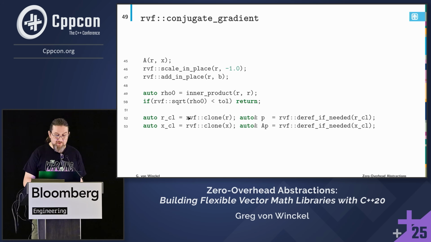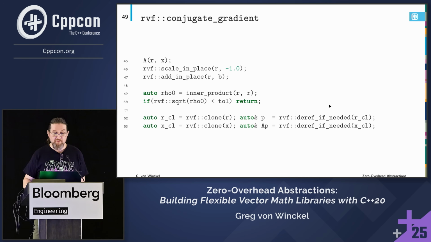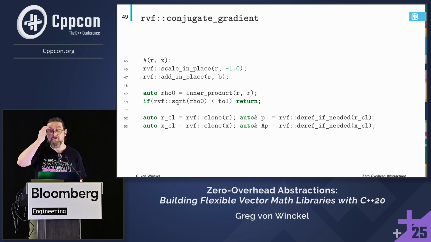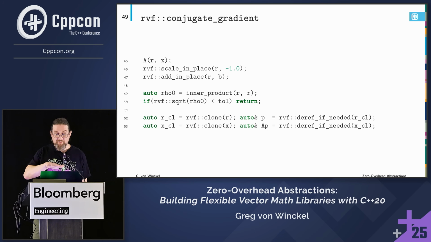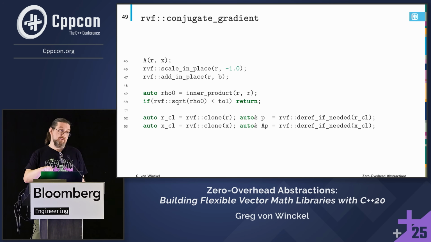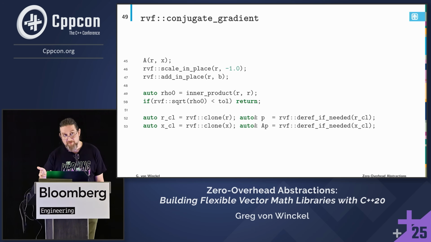This is the syntax I mentioned earlier for clone. This is maybe one annoying thing. I don't have a better solution for this, but you want to ensure that you don't get a dangling reference, and this is probably the only time I would advise putting two statements on a single line, because they go together, right? You clone, which maybe does nothing, and then you dereference, which maybe does nothing.